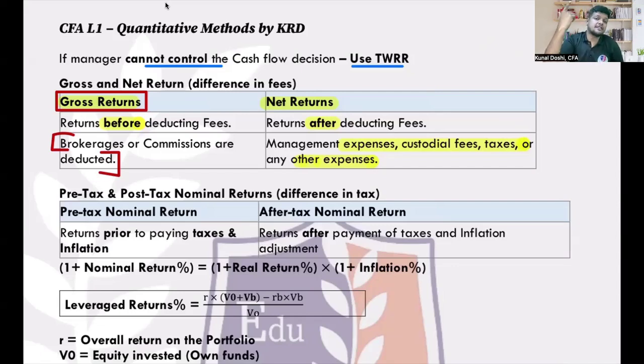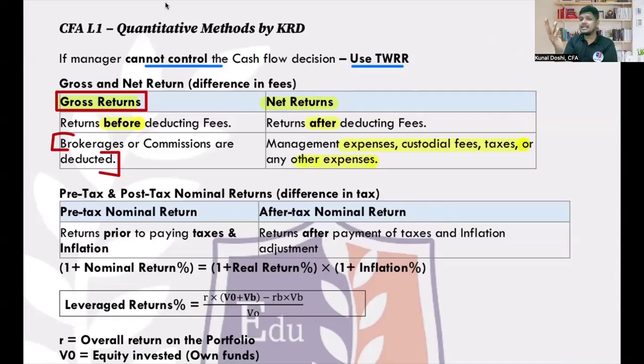And from that you subtract the fees. So it's a twist question in the exam. If they put something like this, the net return has also deducted brokerage and commission. Gross return has deducted, net return has also deducted. So the answer should be both. Gross returns definitely have brokerage and commission deducted.